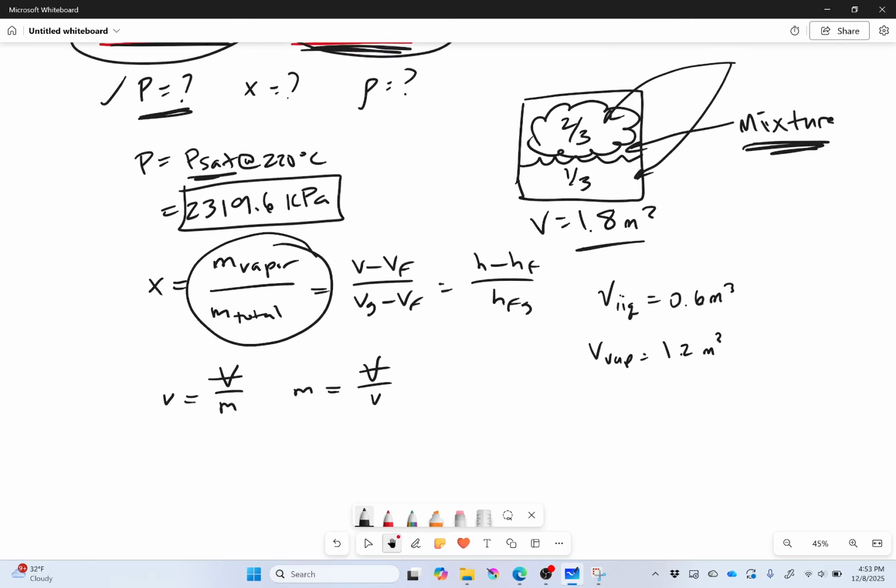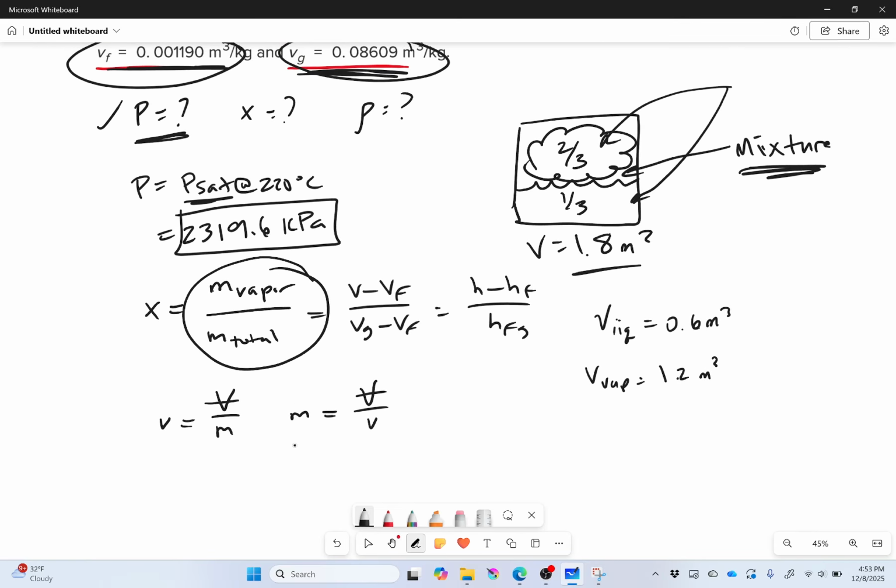So I've got to make sure I keep those numbers up so I can actually see them. There we go. So mass liquid is going to be equal to 0.6 meters cubed over 0.00119. And my mass of vapor is going to be equal to 1.2 meters cubed over 0.08609.